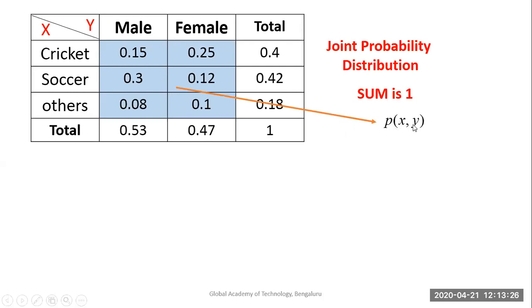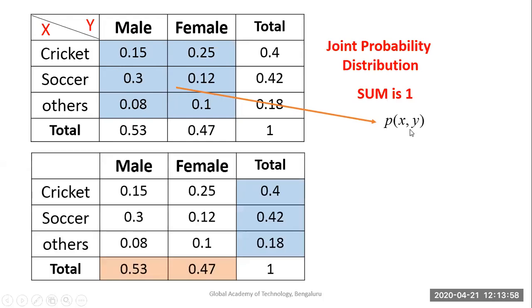P of x comma y means the probability that the random variable X takes the value small x, and the random variable Y takes the value small y. For example, this 0.15 is the probability that X is equal to cricket and Y is equal to male. 0.12 represents the probability that X is equal to soccer and Y is equal to female, and so on. So these values are represented by P of x comma y.